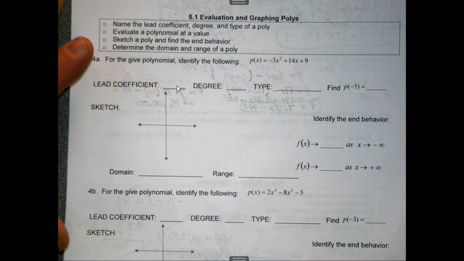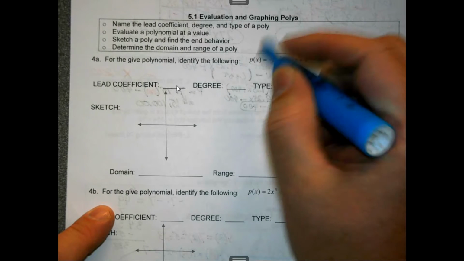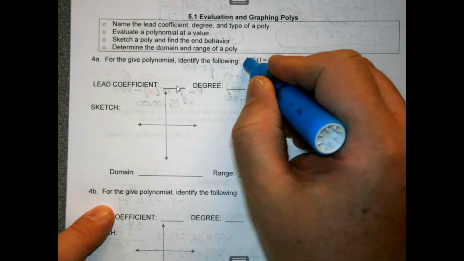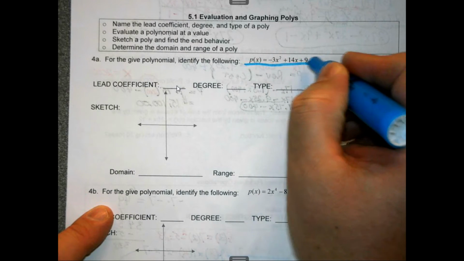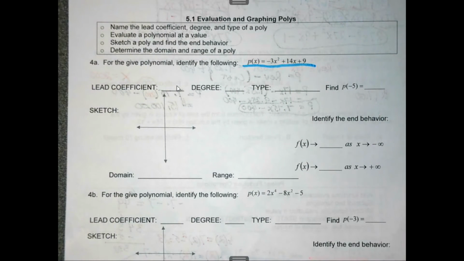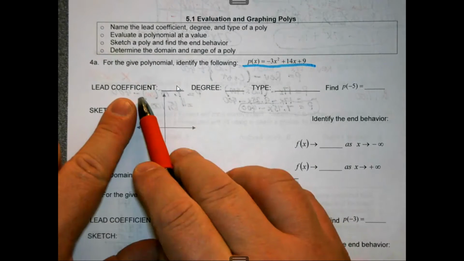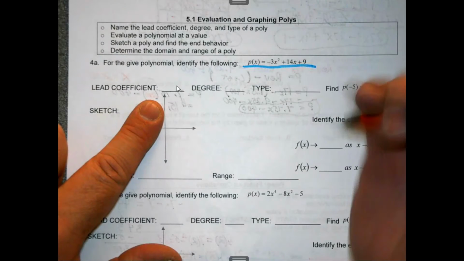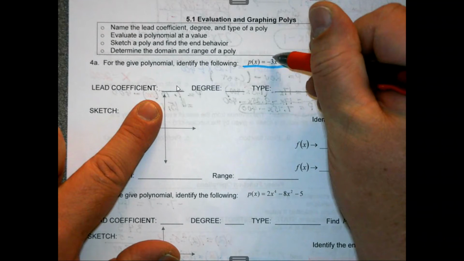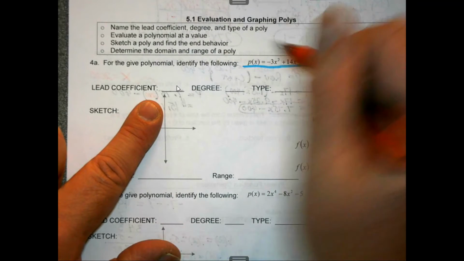Okay, so for A, I'm looking at this function here, right? Actually, we don't know if it's a function. It's a polynomial. And I need to state the lead coefficient. It's the first coefficient of the highest degree, so it's -3, right?